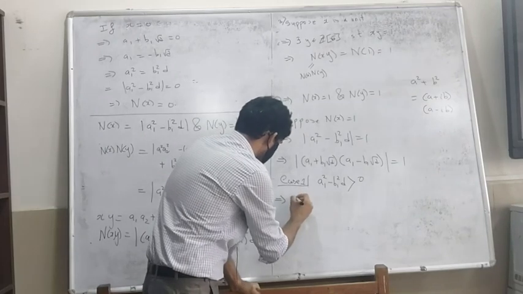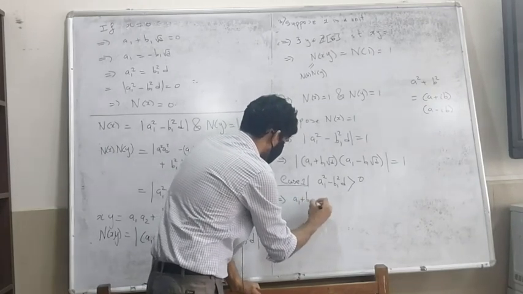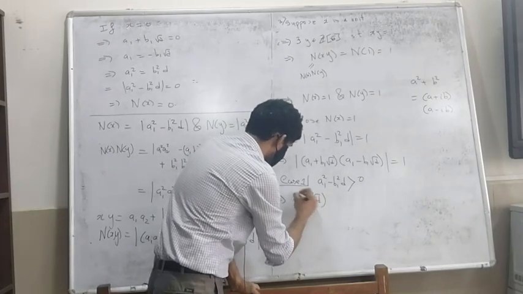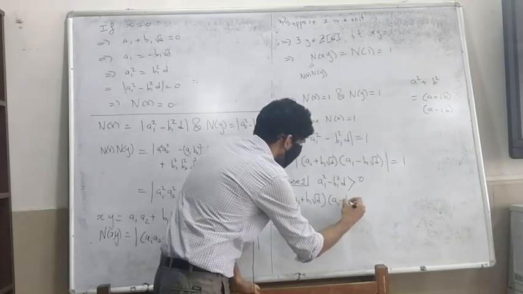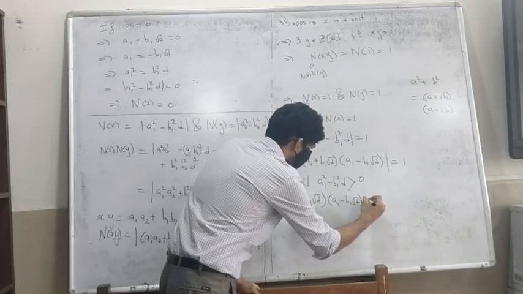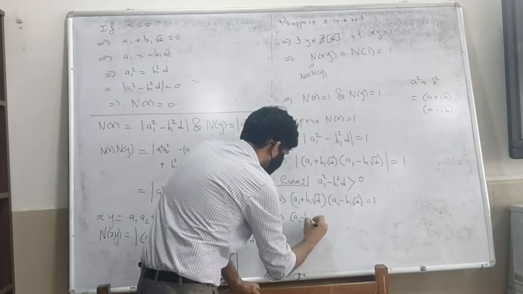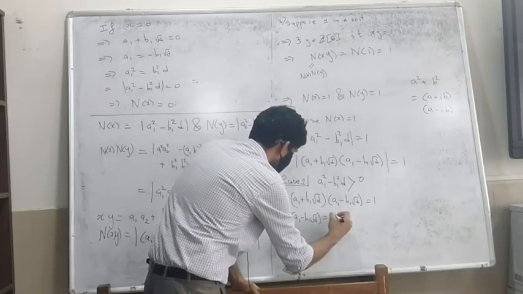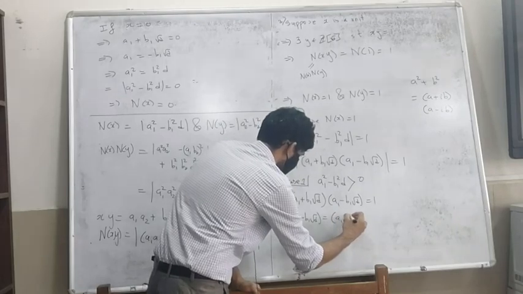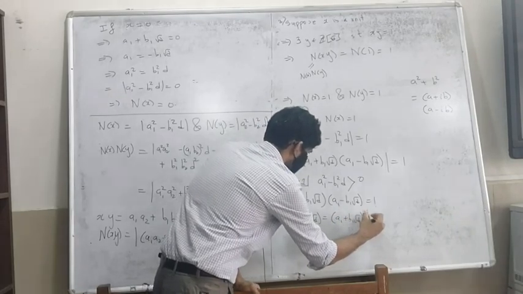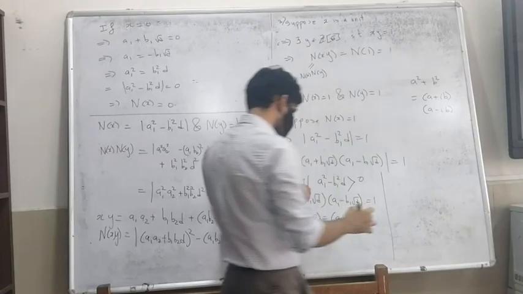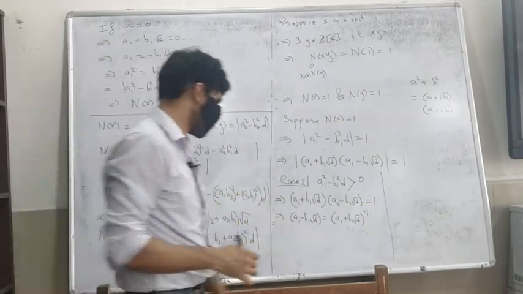So therefore, a1 plus b1 root d into a1 minus b1 root d would be equal to 1, which means that a1 minus b1 root d is the inverse of this. Okay, there is an error in my notes. I need to change it.